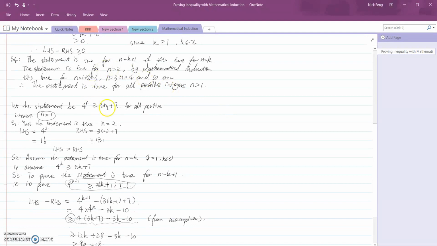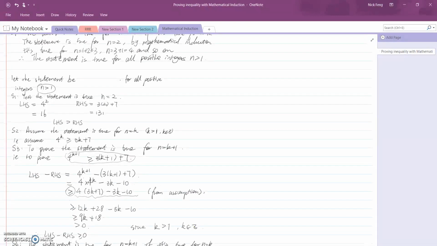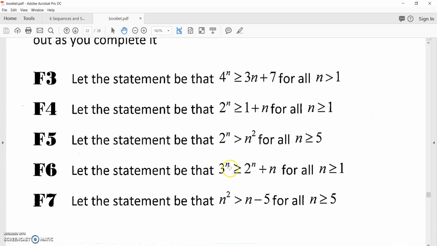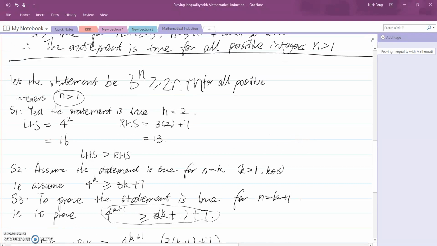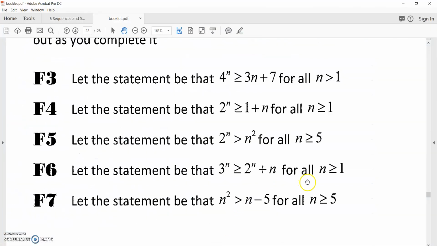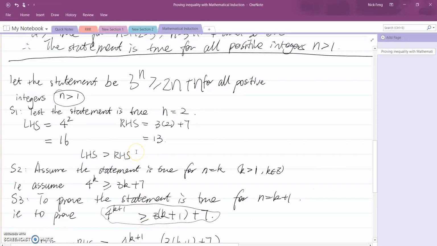So let the statement be 3 to the power of n greater than or equal to 2 to the power of n plus n, for all positive integer n, this time starting from 1.